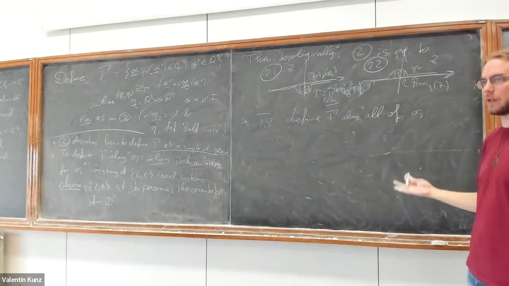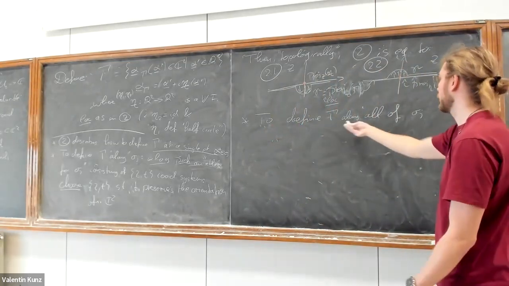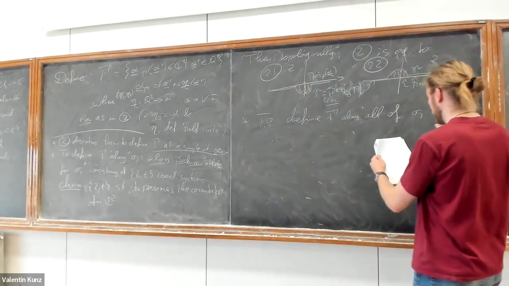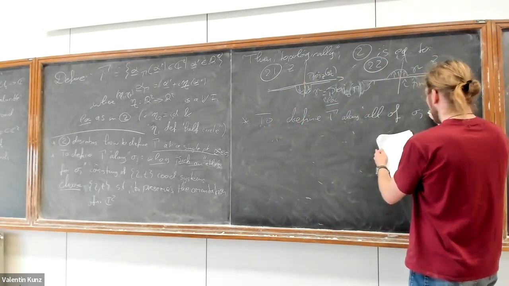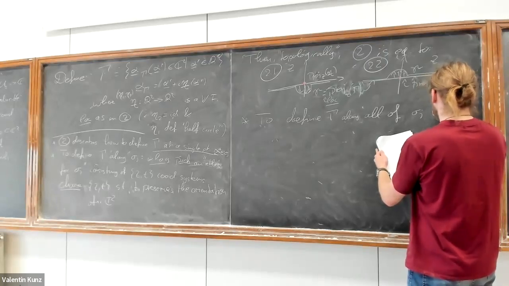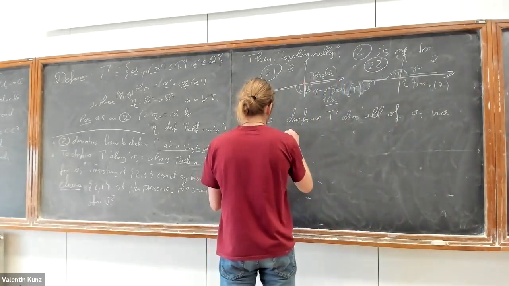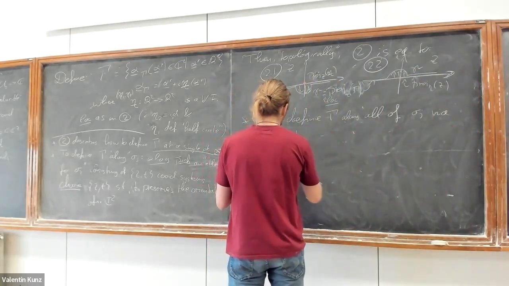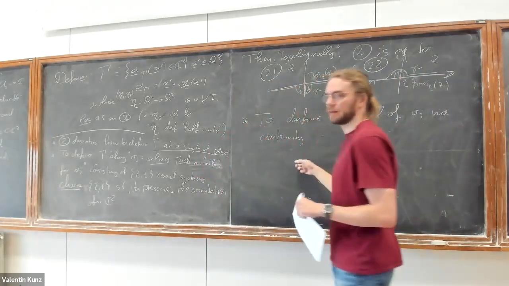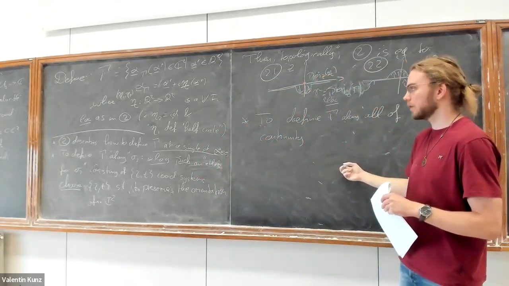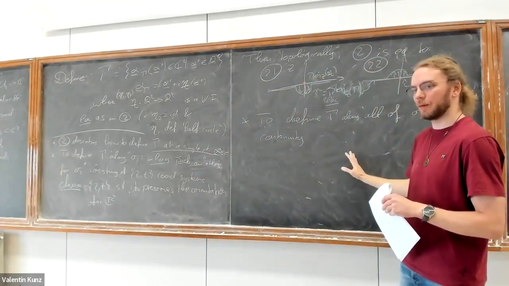We can use some smooth cutoff function to define gamma along sigma j. Okay. And that's how we change our integration. And now we'll break.